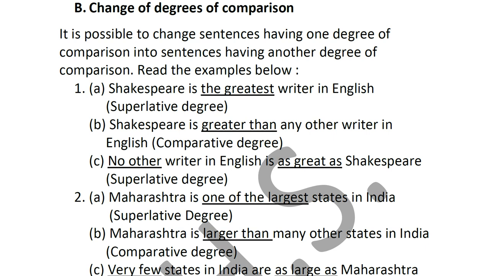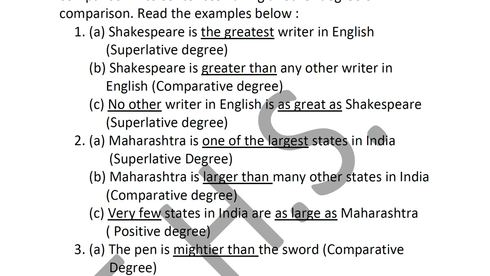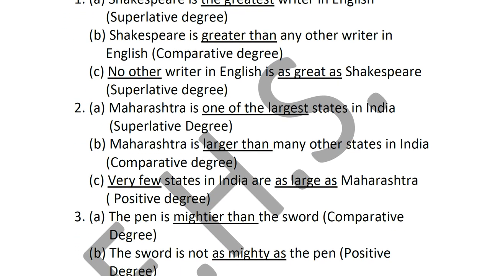So superlative degree, the before the word; comparative degree, than after the word; and positive degree, as on either side, that is before the word as well as after the word. Clear? I hope you all please remember. I'm telling you all again, the last one is positive degree. I made a mistake and written there superlative degree. That is number C of the first example.